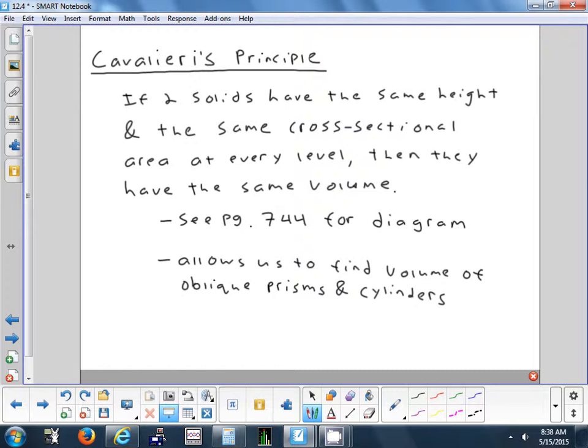But if you look at the example in the book, they've got a rectangular prism, and then they take that prism and they slant it. So what they're showing is if you slant it and the cross-sectional areas come out the same for each shape, they have the same volume. So we could work with shapes that are oblique.